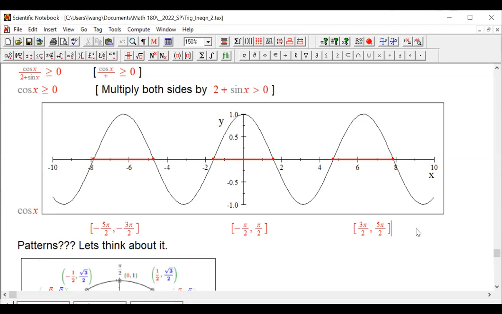So the next one will be 7pi/2, and then 9pi/2. So we have a patterned answer already.